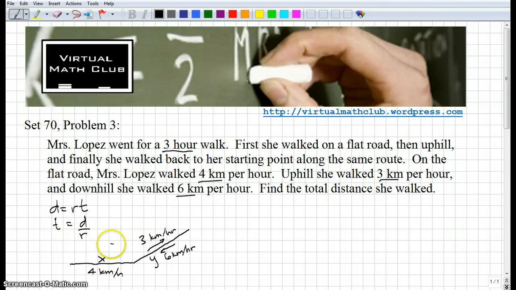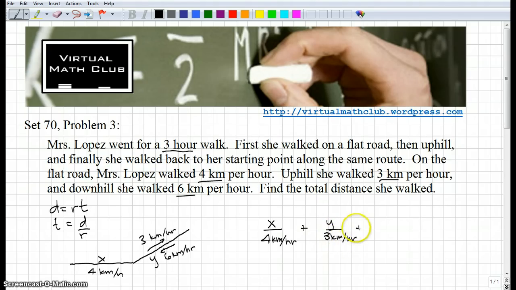So I'm going to add up all the times it takes for her to walk each portion of her route, and that total should be equal to 3 hours. On the flat portion she walks x kilometers at 4 kilometers per hour, which gives the time for the first portion. Then she goes uphill a distance of y at 3 kilometers per hour.